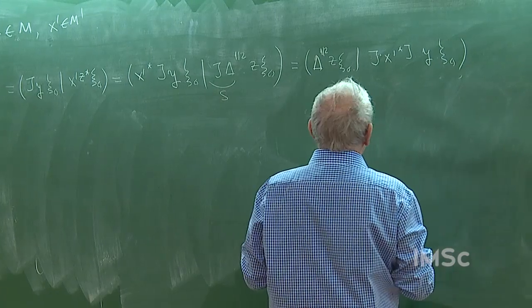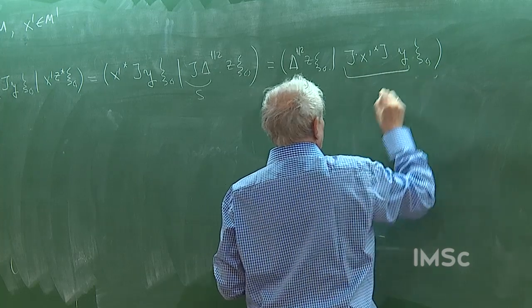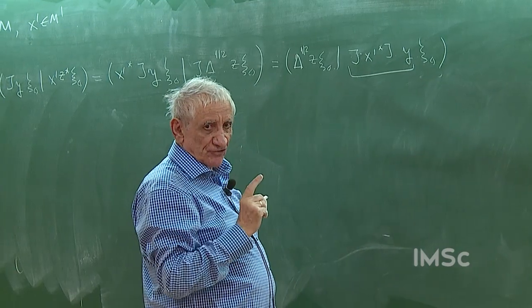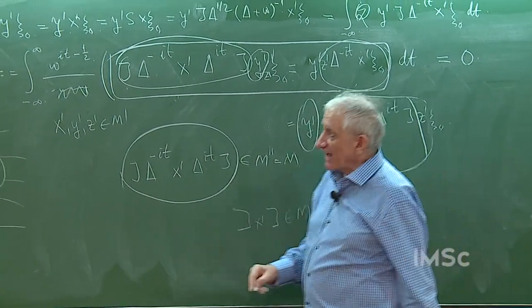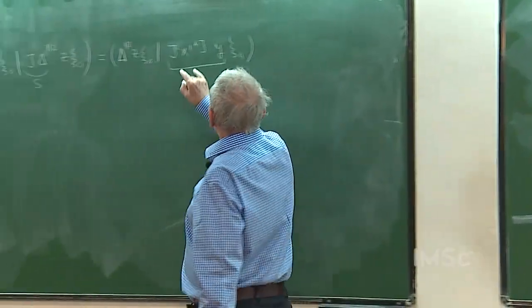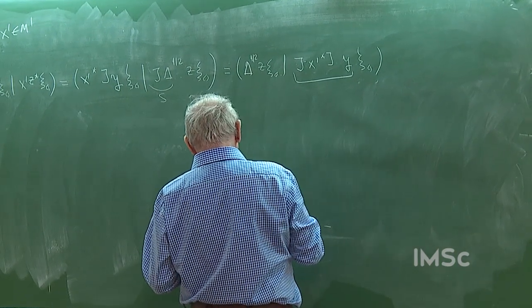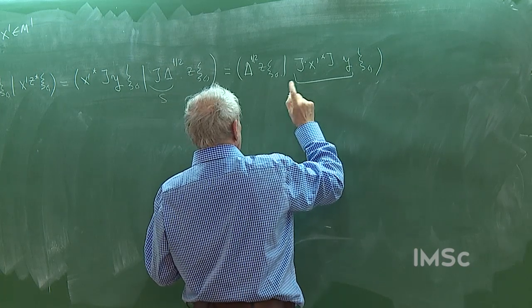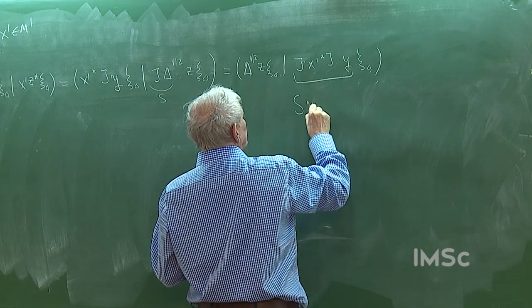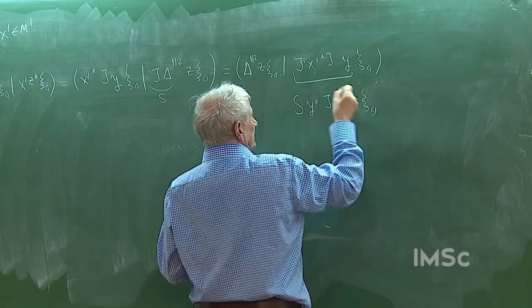Now what can I write here? I can write, but this is not trivial, because we already proved that J M prime J is in M. So that element in here, J X prime star J, is an element in M. So I can write it as S star, S of Y star J X prime J psi naught.